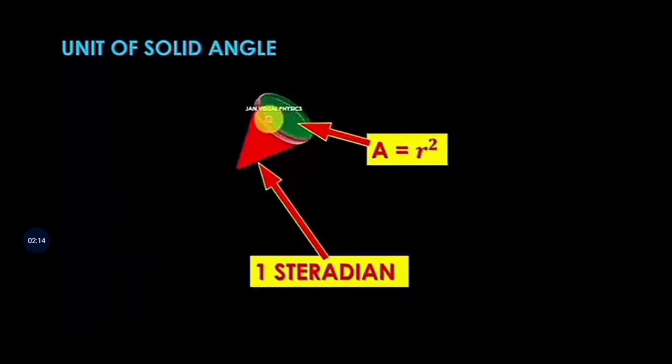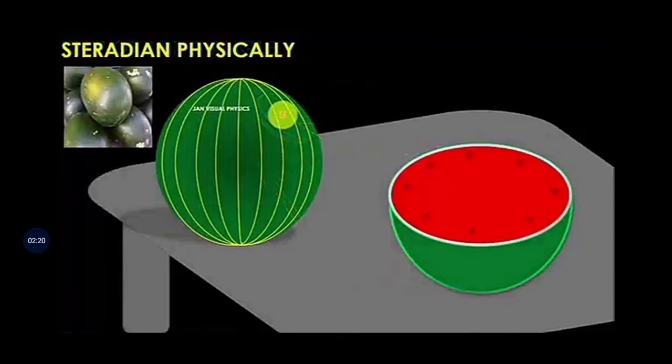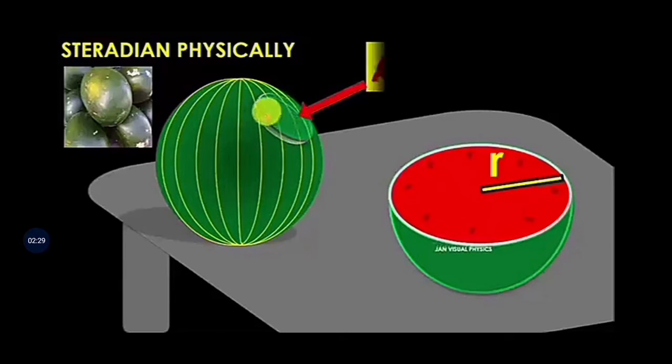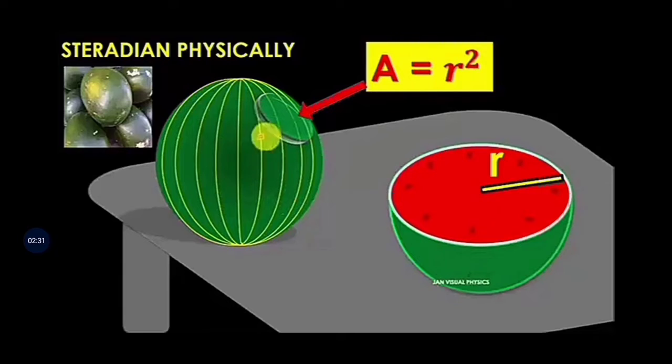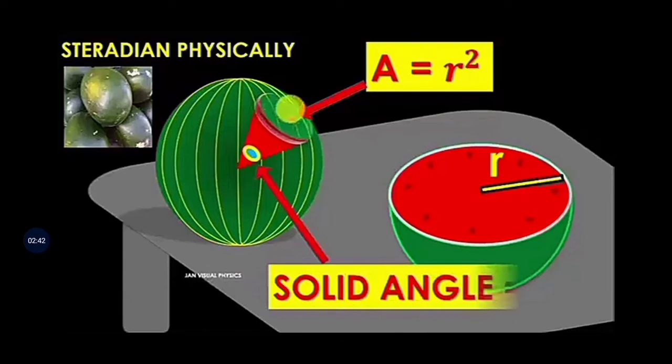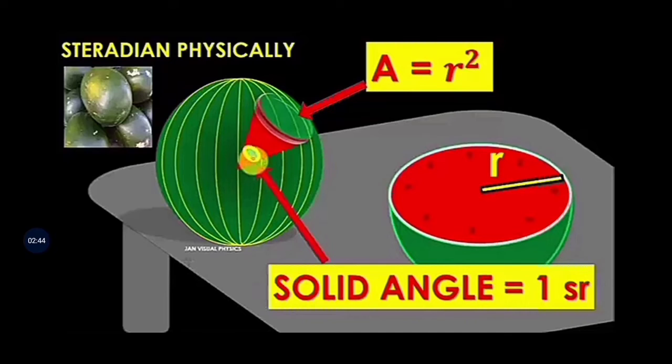Now we see a solid angle of 1 steradian practically. This is a watermelon. First we find the radius of the watermelon. Then we take a circular surface on this spherical object. If the area of this surface is equal to the square of the radius of this spherical object, then the angle subtended by this surface at the center of this spherical object is 1 steradian.